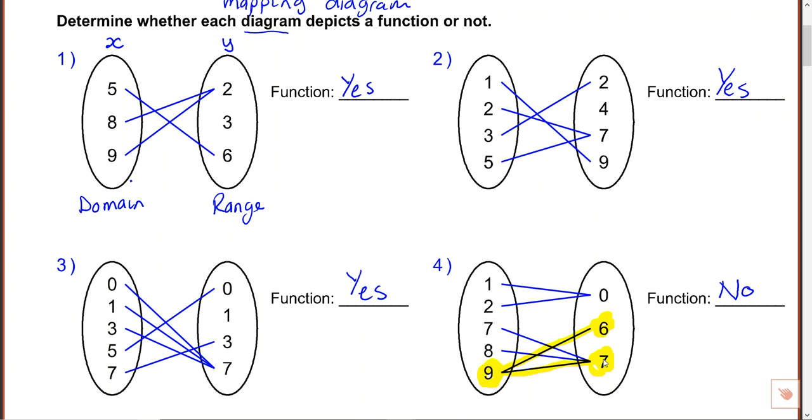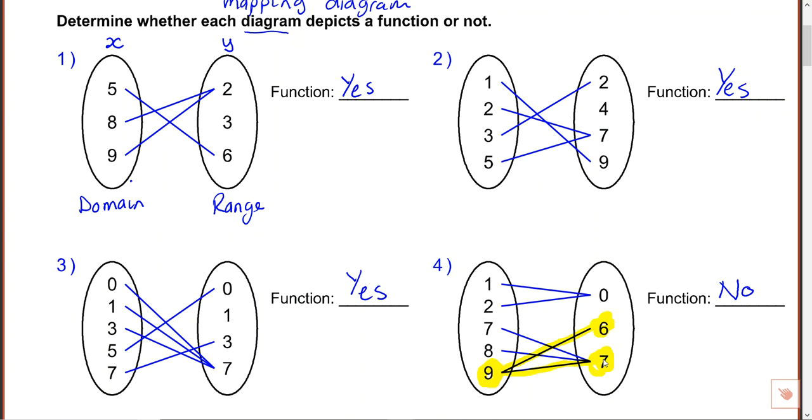But the problem is it can't be a function because I could have several people that are 9 years old, but they all have different shoe sizes. So there is a relation between those two things, but it's not a function. We can't write a function for it.